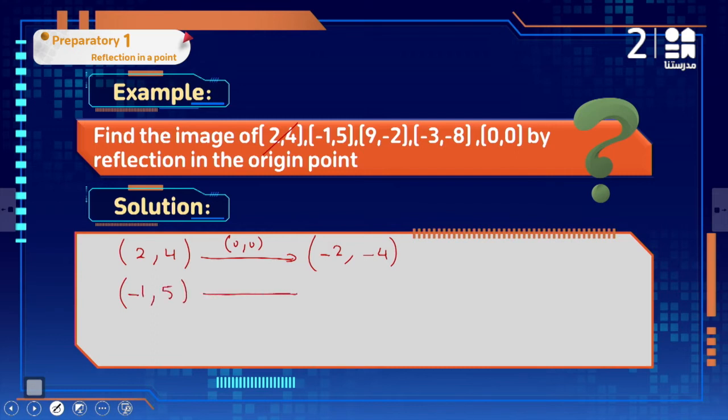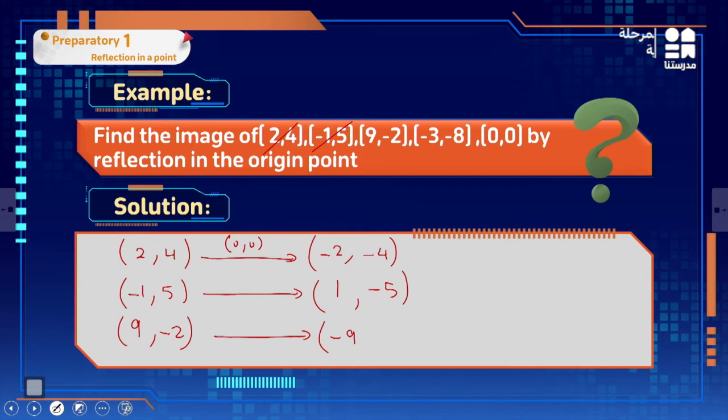Second one, (negative 1, 5). Change the sign of x. It is negative 1, so it becomes positive 1. No need to write positive. This 5 will be negative 5. The third point, (9, negative 2). Change the sign, so it is negative 9.